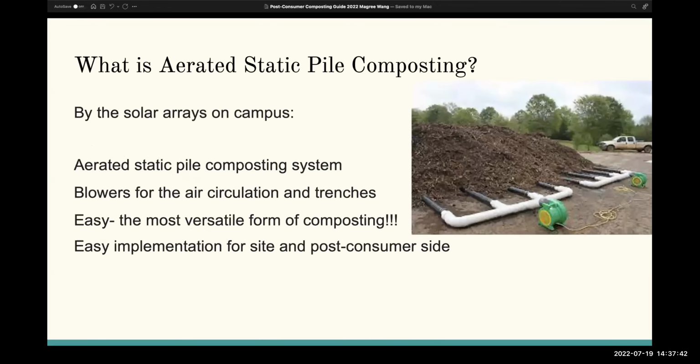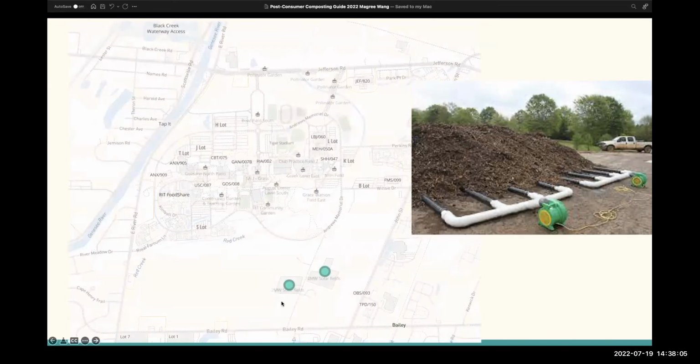Okay. So for RIT, Enid already planned for this aerated static pile composting. Aerated means with air circulation, and since it's a static pile, it doesn't need a lot of maintenance. We have the site by the solar arrays dedicated for the composting site, which is by our solar field.